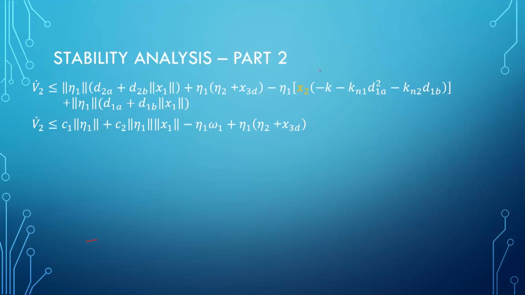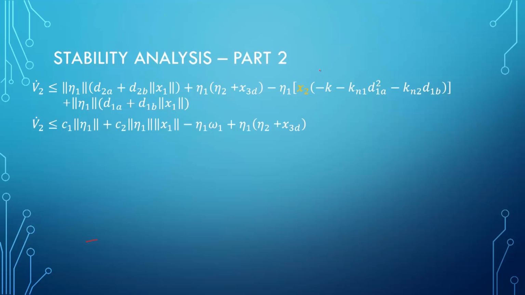So D2A goes to C1, and D2B, which is the product of eta 1 norm and x1 norm, goes in here. And eta 1 times eta 2 is in here. You just keep it because there can be a cross term.